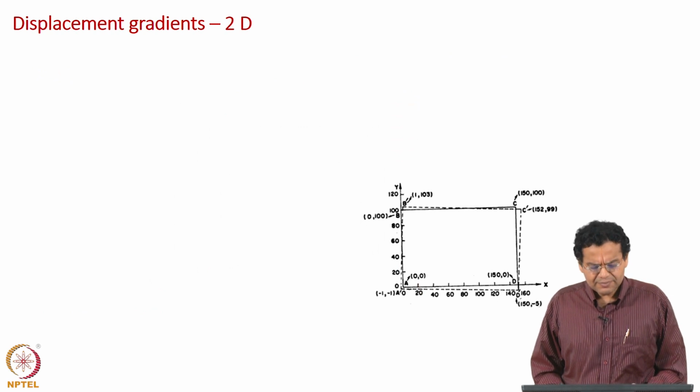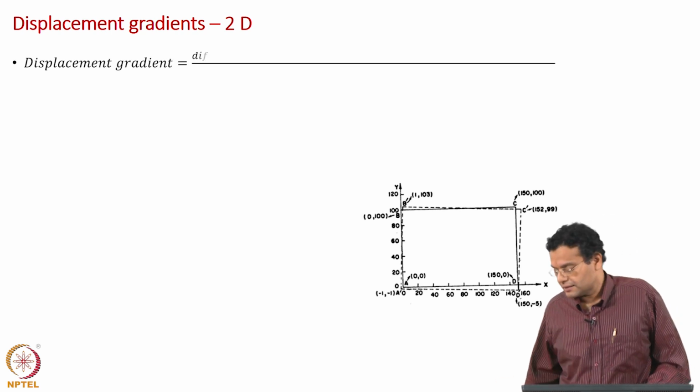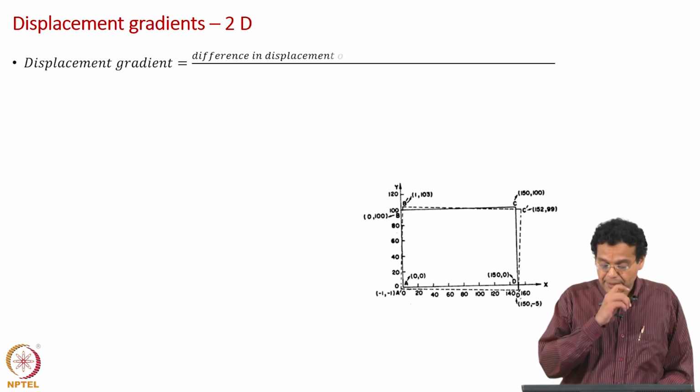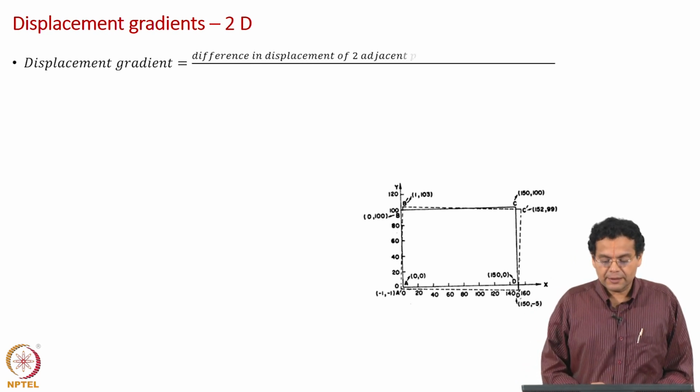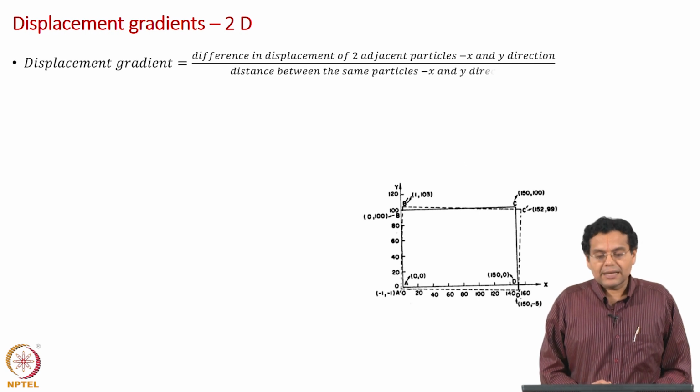Now, let us start with the definition of the displacement gradient, which we have seen a few slides back. We said difference in displacement of 2 adjacent particles, and then distance between the same particles. Earlier we considered only one direction, so there was no mention of direction at all.